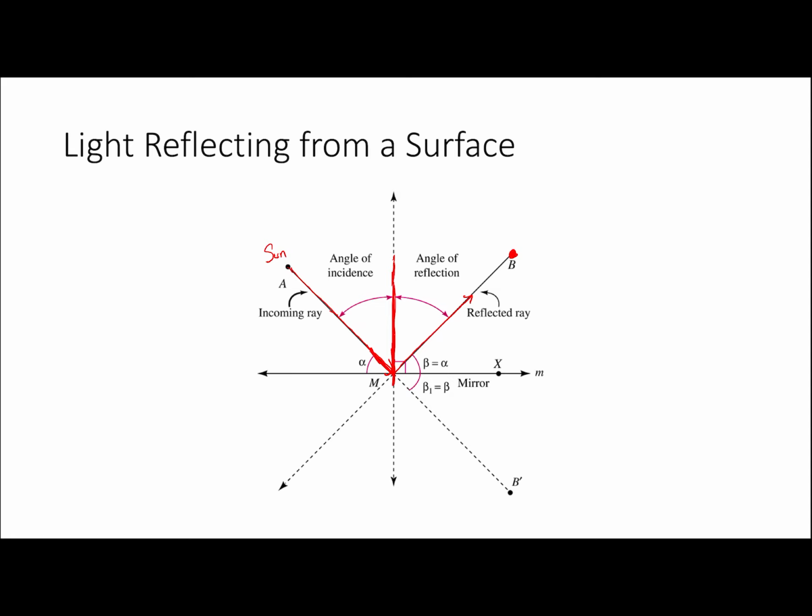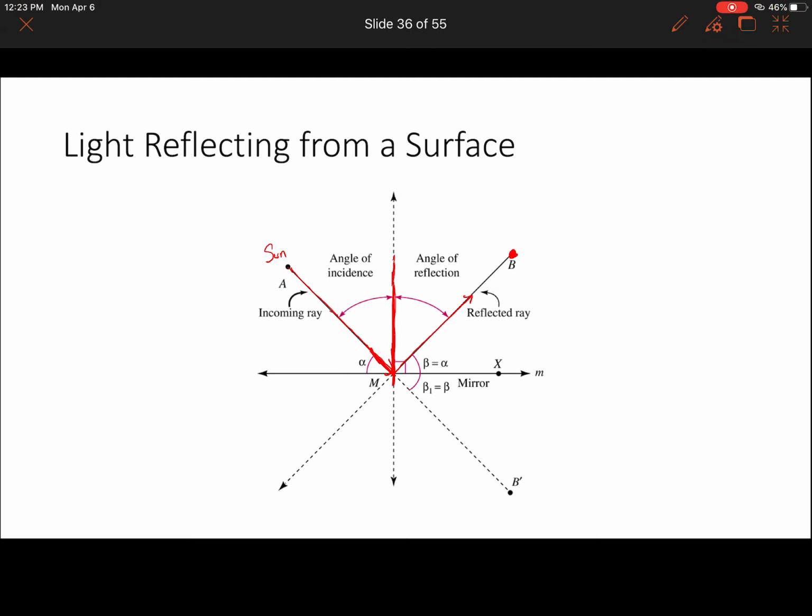So the angle of reflection is found, let me change colors here, by it bouncing off of your phone or mirror, whatever it is we're using here, and that same vertical line that goes straight up from where it hit.